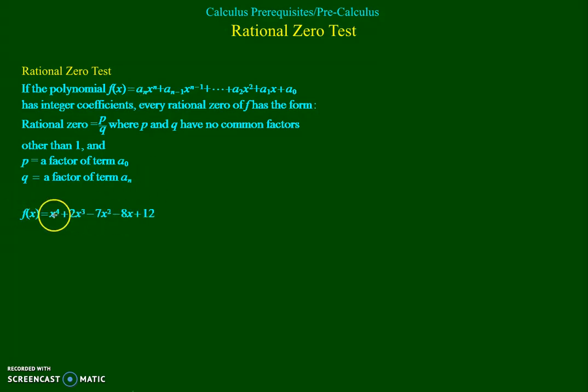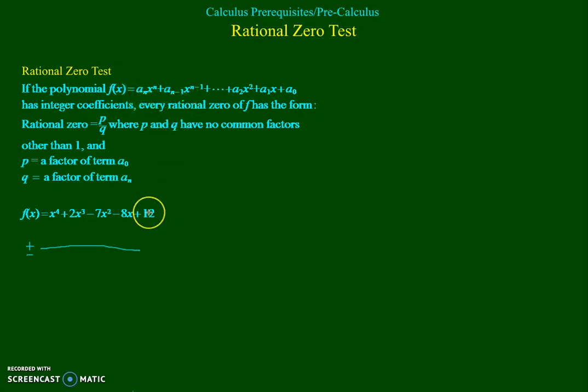Here we have just a standard polynomial function, and we're saying with the rational zeros test that if this function has rational zeros, they will be a fraction of plus or minus the factors of 12 on the top, and the factors of 1 on the bottom. 12 is the p, the constant term, or the coefficient of the last term, whichever the last term to the right is. In this case, it's 12.